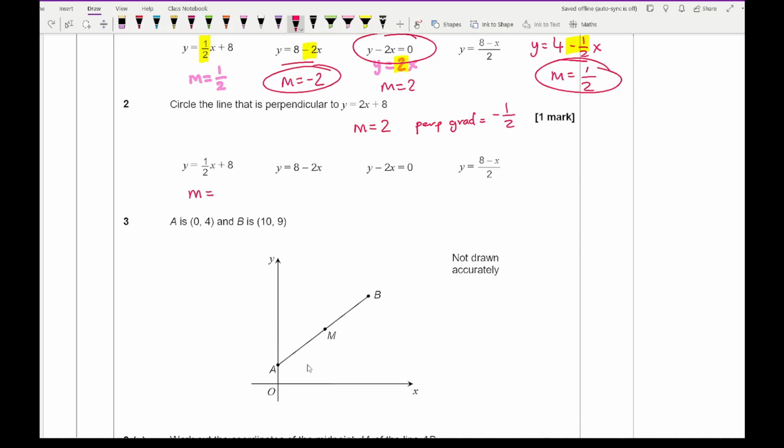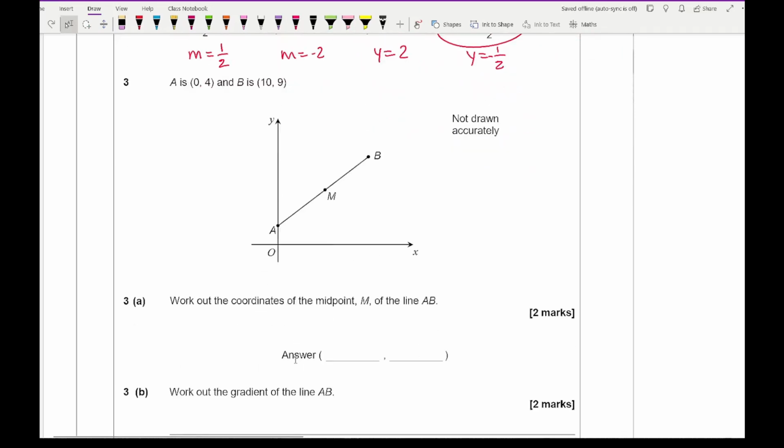So this has got a gradient of a half, this has got a gradient of minus 2, this has got a gradient of 2, and this has got a gradient of minus a half. So I'm looking for where the gradient is minus a half, and that is going to be option 4.